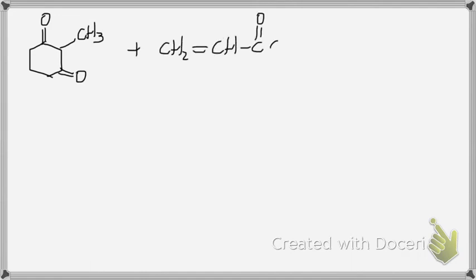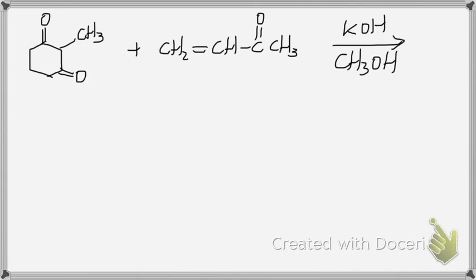Let's take a look at an example here. So we have two starting materials. The second one is an alpha-beta unsaturated carbonyl. And the first one is a diketone. When the diketone is treated with a base like potassium hydroxide, the carbon in between the two carbonyls will have the most acidic proton.